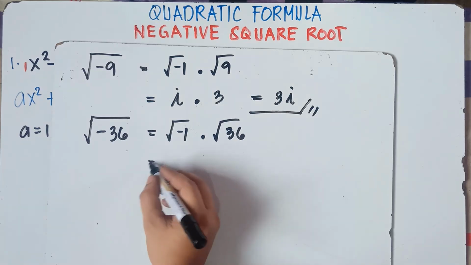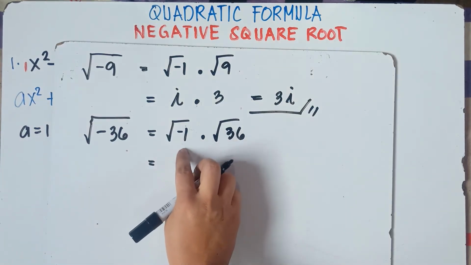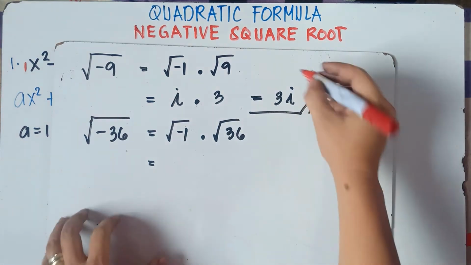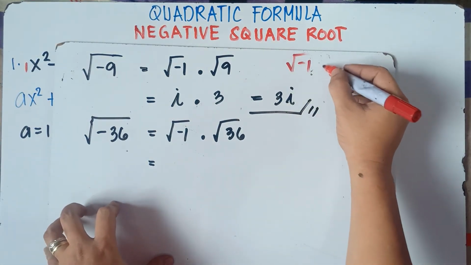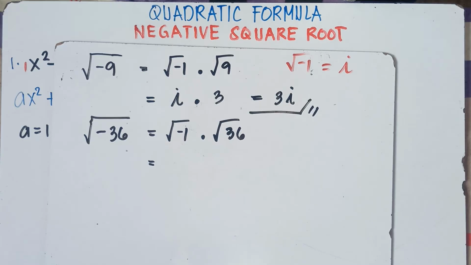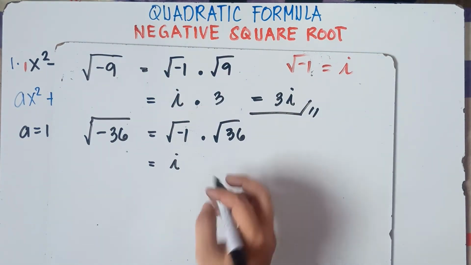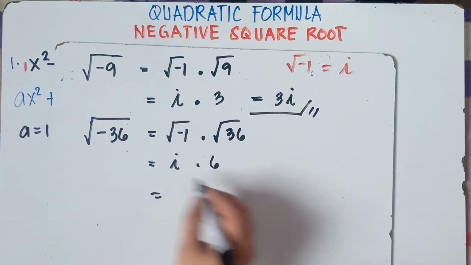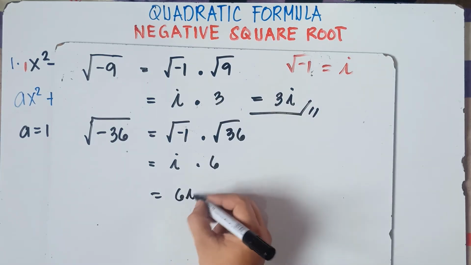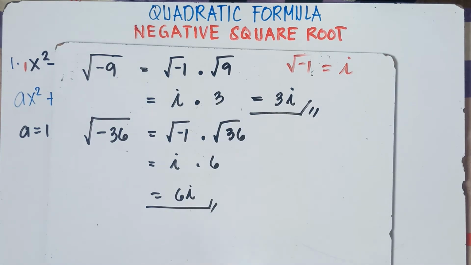Why is that, sir? Because we know that the square root of negative 1 is i. So you can put i, then the square root of 36, that is 6. So i times 6 would be 6i. That's the answer, class. The square root of negative 36 would be 6i.